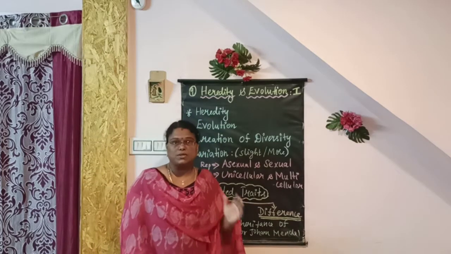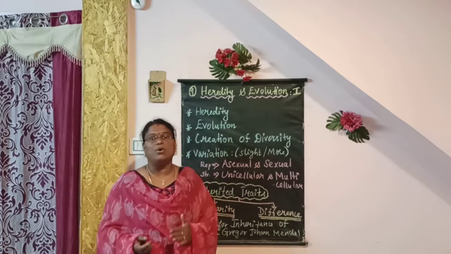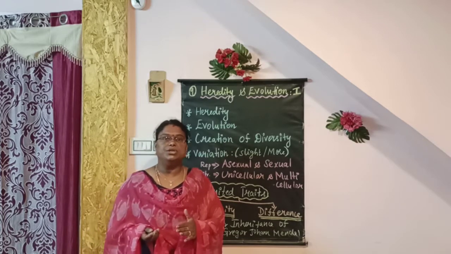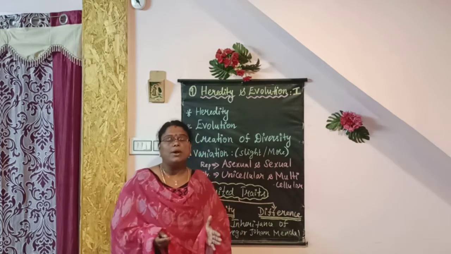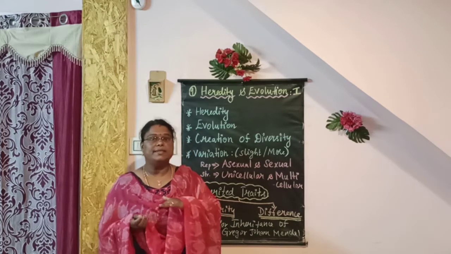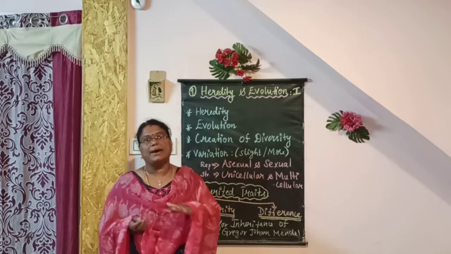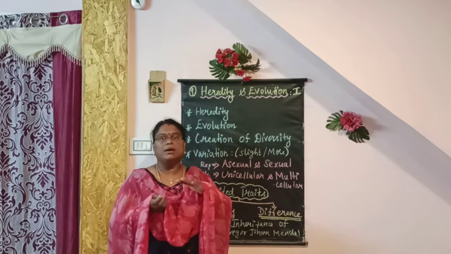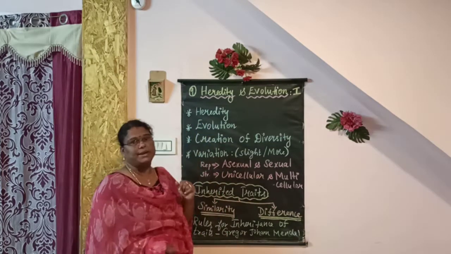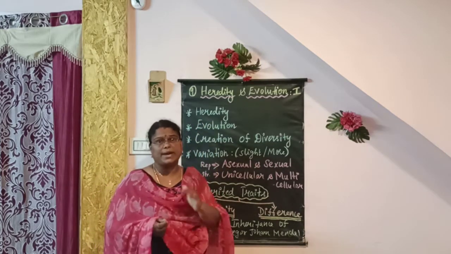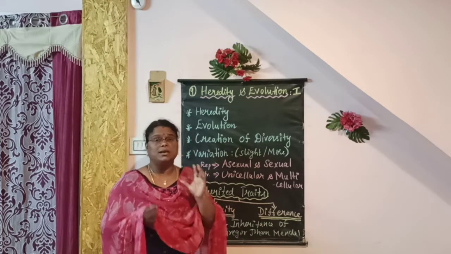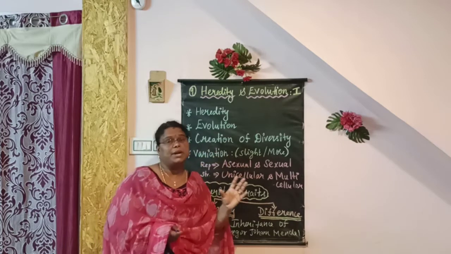Heredity is a process of inheritance of genetic characters from one generation to another generation, or heredity is a process of inheriting the DNA from parent to offspring, or the young ones, or the traits. So that is called heredity. This inheritance of characters from one generation to another is by reproduction.